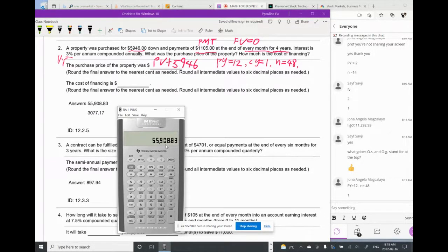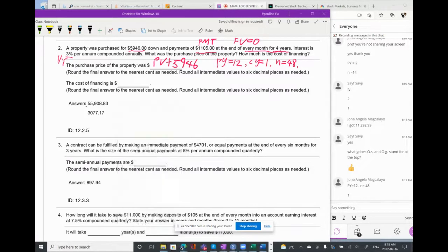Okay. So this is the purchase price. Any questions?